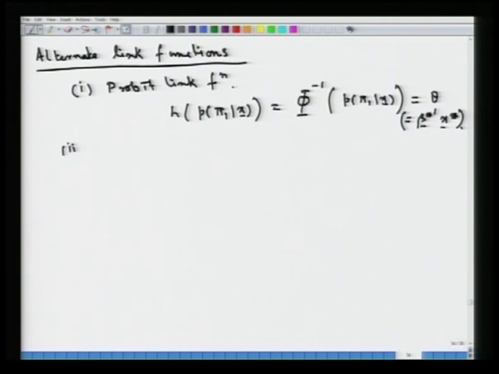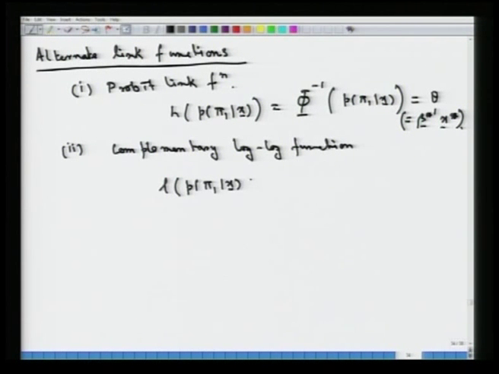A second type of popular link function is the complementary log-log function, wherein we assume that a function of p(π1 | x) is given by log of minus log of 1 minus p(π1 | x).